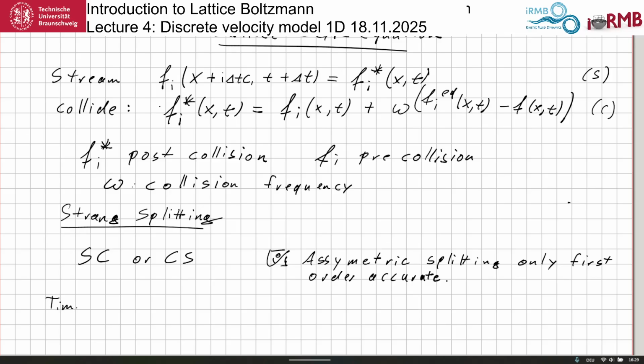So time symmetric operators have even order of convergence. So I mean that this still can mean they are completely wrong, because zero order is also even, yeah. So they can be wrong, obviously.